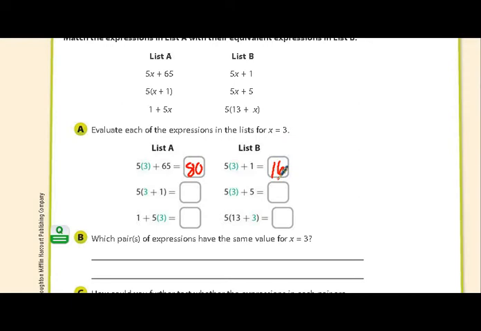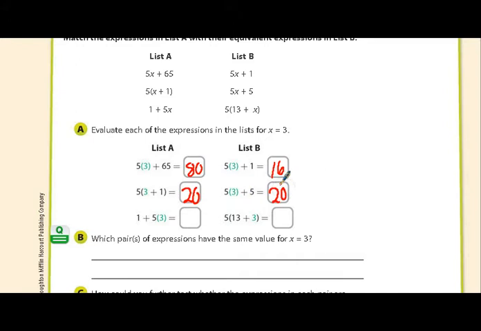Then 5 times the quantity 3 plus 1 is 5 times 4. So like we said, 5 times 4 is 20. 5 times 3 is 15, plus 5 is 20.